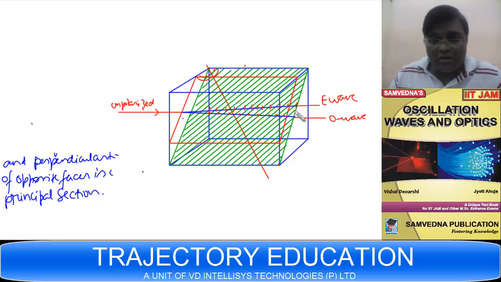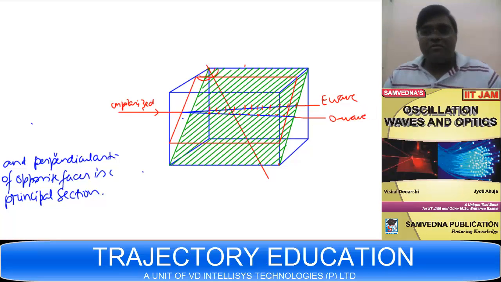So unpolarized light will split into two plane polarized waves, one having all the vibration parallel to the principal section, the other having all the vibration perpendicular to it.